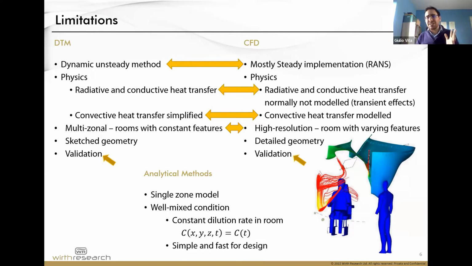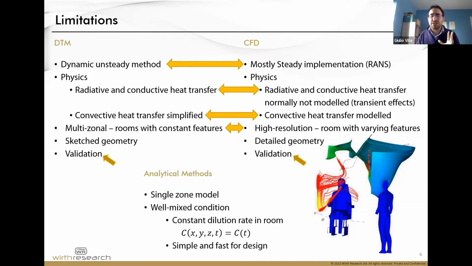Even zones are a simplification of reality because there is a single point representing data for a whole volume, whereas in CFD you have the actual variation of the volume. And then what's really the biggest limitation of both methods is the validation.